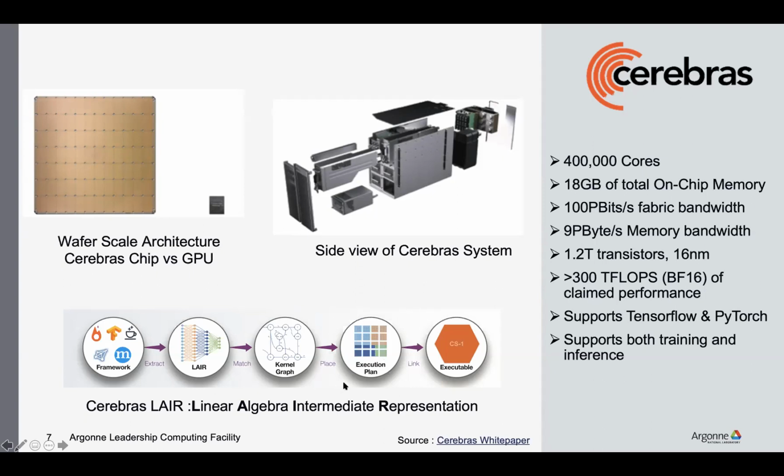The compiler takes this information and maps your program onto this huge chip, and then it's executed. This chip supports both training as well as inference. If you want to find more information about this architecture, you can visit the Cerebras website or this Cerebras white paper, which is available for everyone.